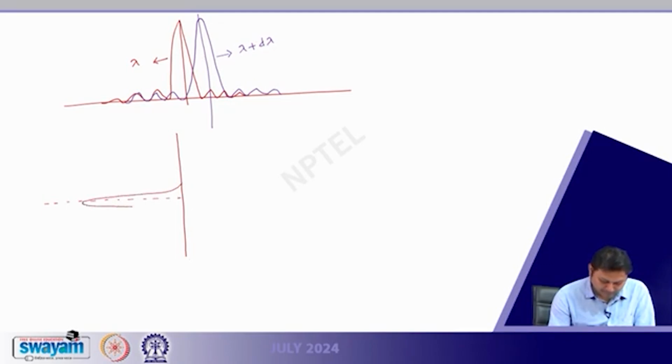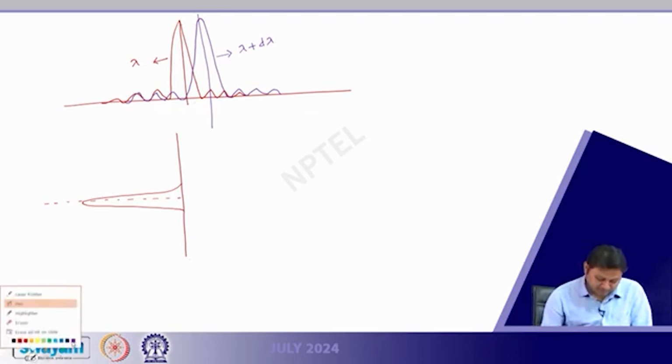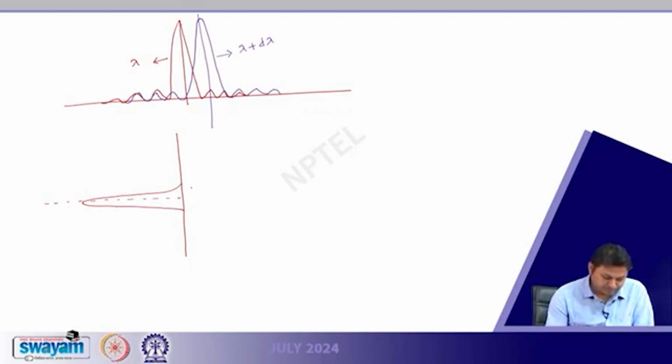We have a peak here, and I am not plotting here the secondary maxima. For the other wavelength, the condition is something like this: the minima of this wavelength should be the maxima of the other.